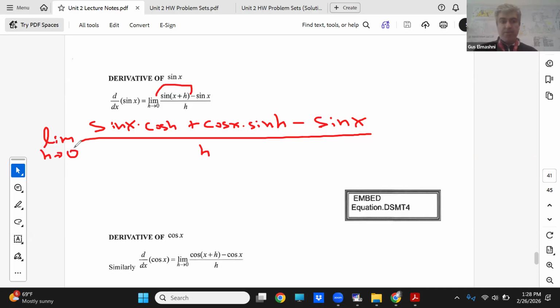Well, let's plug in 0 for h and see what happens. We're actually not quite there yet. Hold on a sec, I'm going to break it off. So let's do this: sine x.